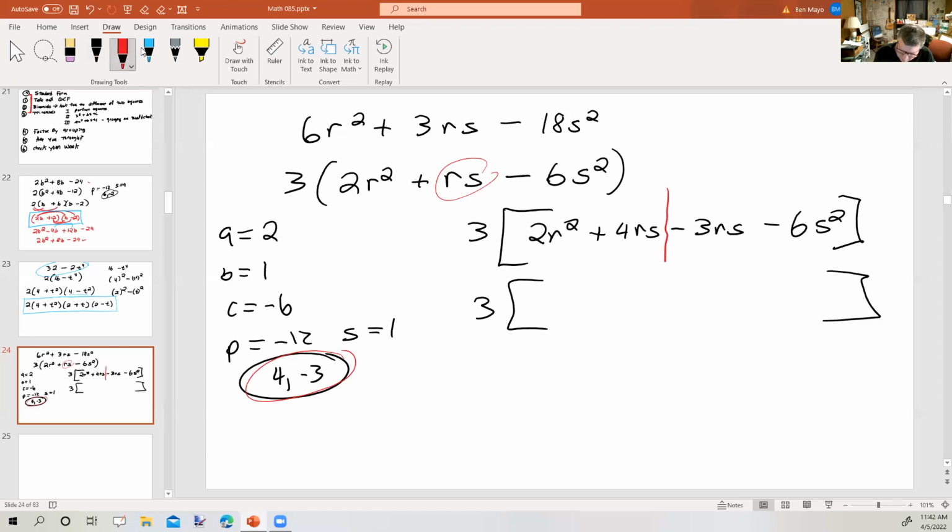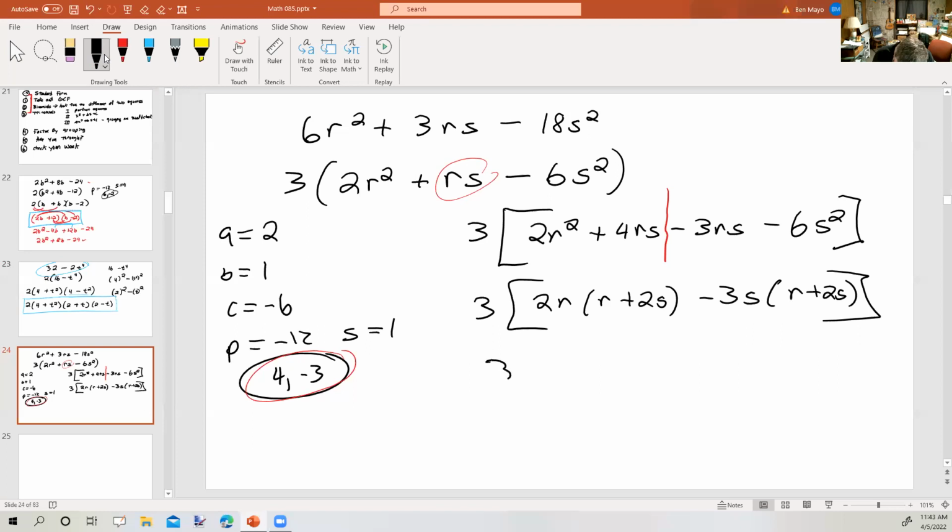The greatest common factor of the first two terms is 2r. The leftovers are r plus 2s. So over here, I'm going to have r plus 2s. And outside, I'm going to have minus 3s.